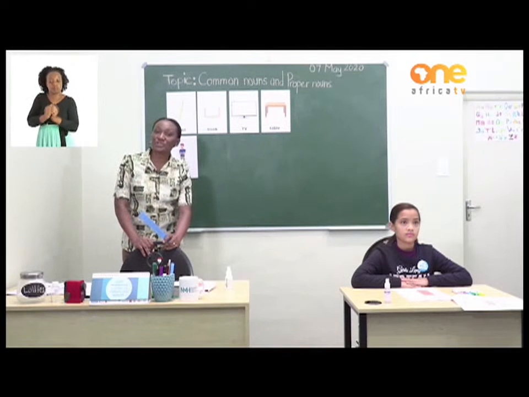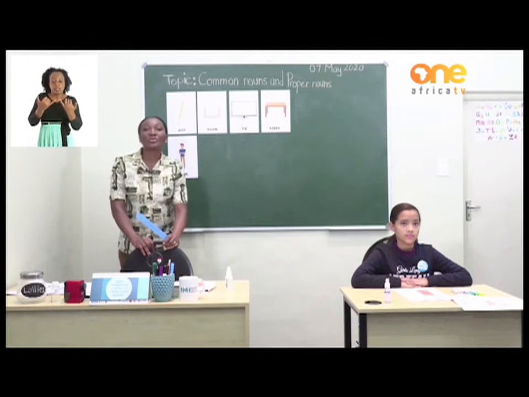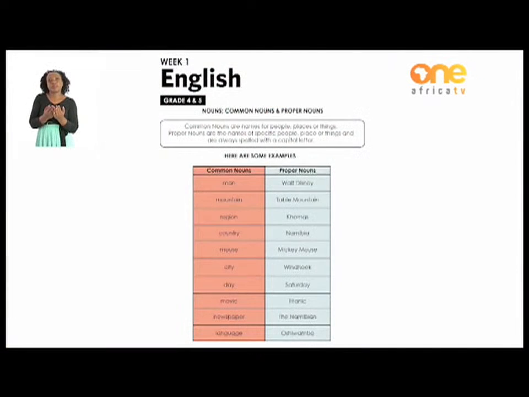Right, now I want you to look in your book again on page 3. In your book on page 3, you can see that we are given some few examples of common nouns. Chanel, can you see them? Okay, we have man, mountain, region, country, mouse, city, day, movie, newspaper, language.